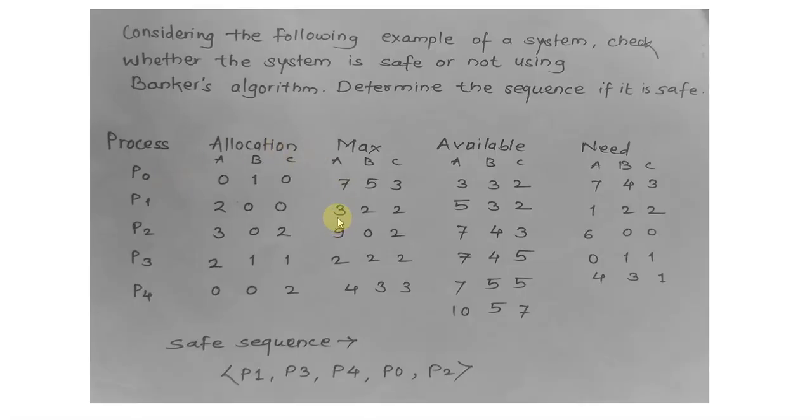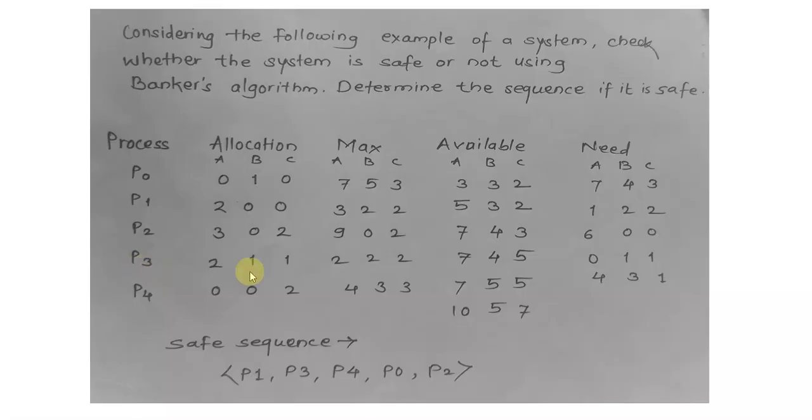Now this is the maximum need of the P1 process, that is 322: 3 instances of A, 2 instances of B, 2 instances of C. Now for the P2 process, the maximum need is 902.